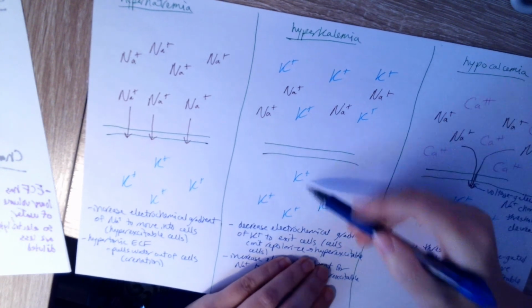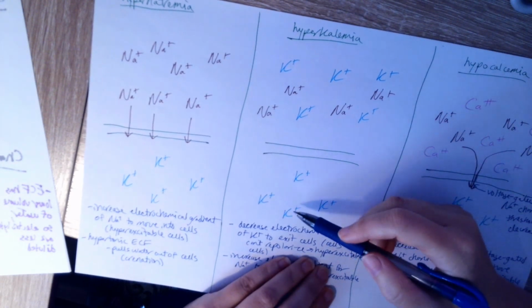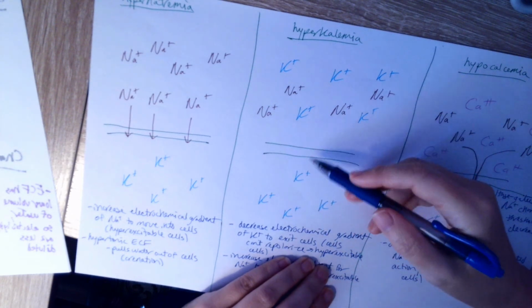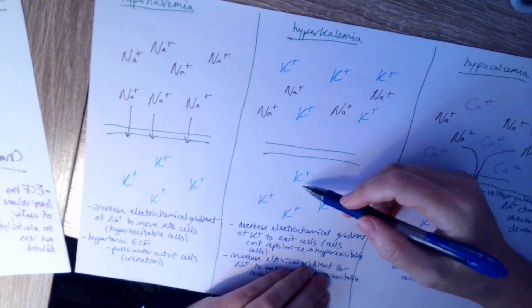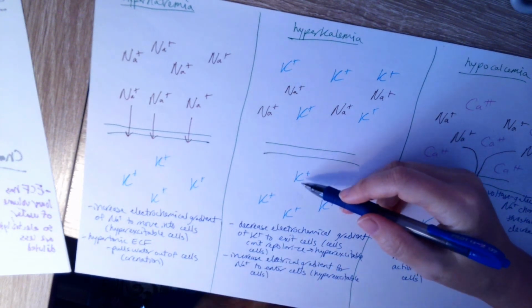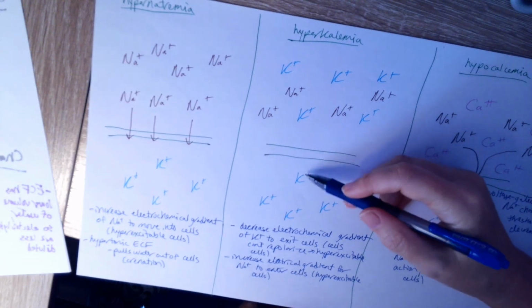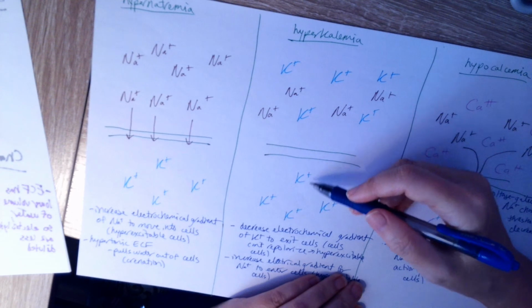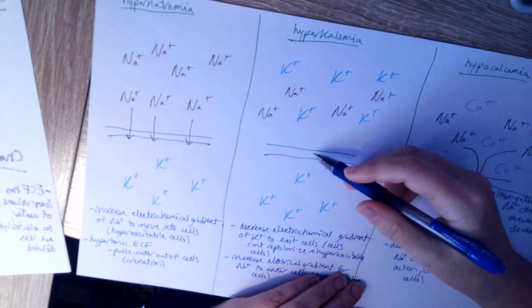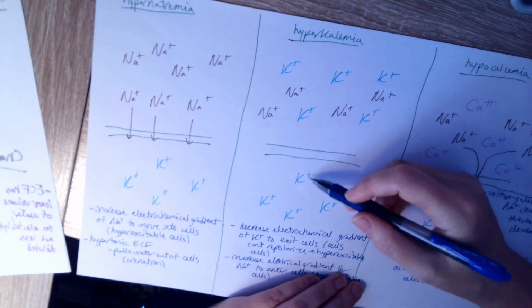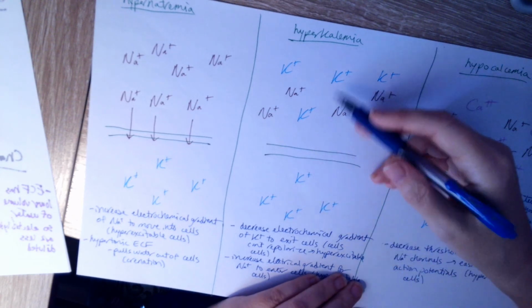We know that potassium is in a higher concentration inside the cell, and that it has an electrochemical gradient to move outside the cell. And not always, but typically, when a cell is at rest, and the way that we recover from having an action potential is to move potassium out of the cell. It helps to repolarize the cell because we're taking that positive ion and putting it outside.